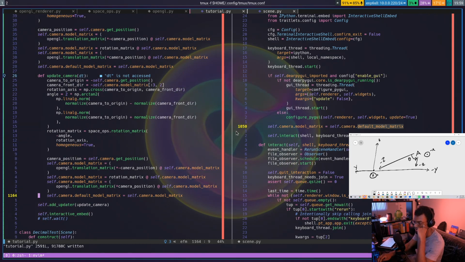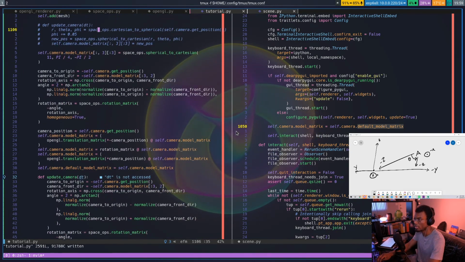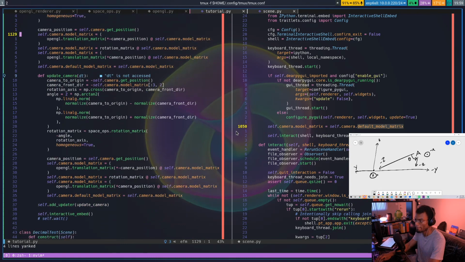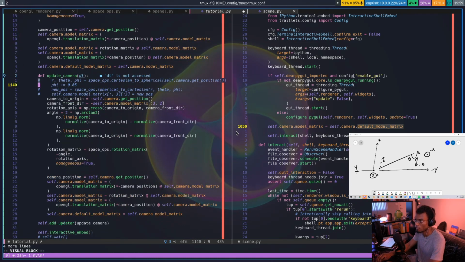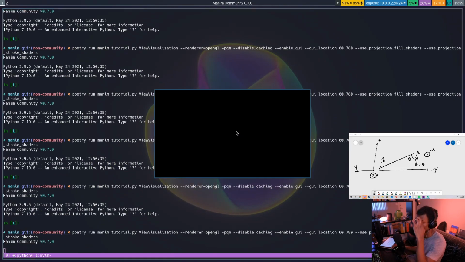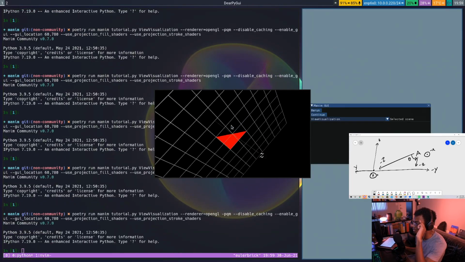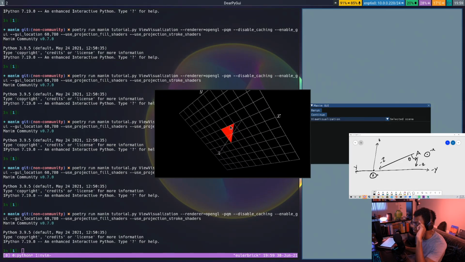Now, I want to increase the phi value, so do this. Okay. Well, that's not doing what I expected it to.